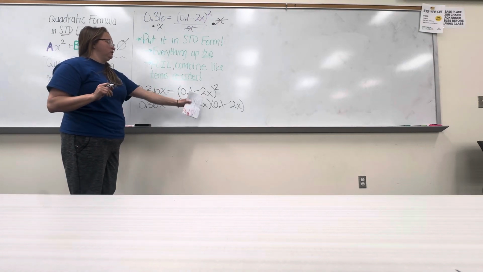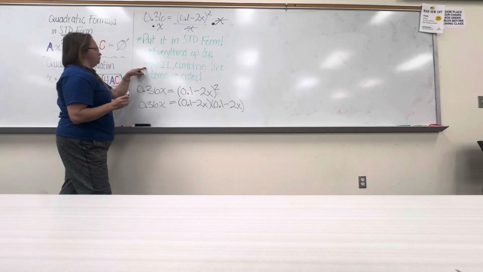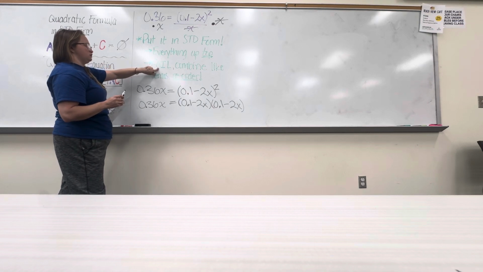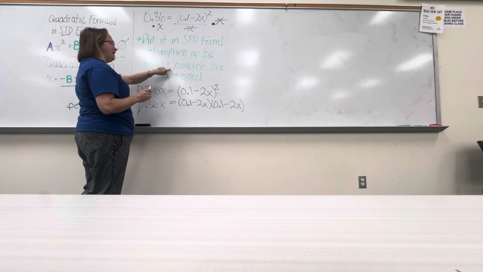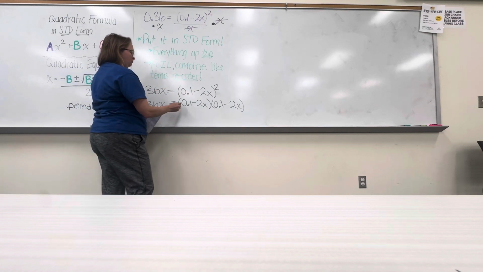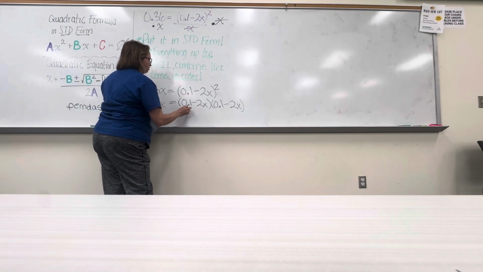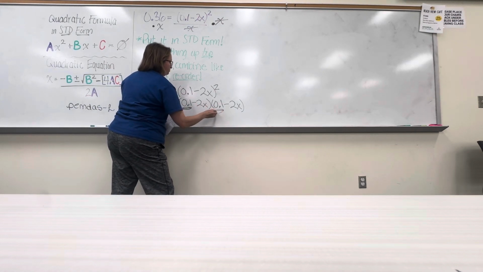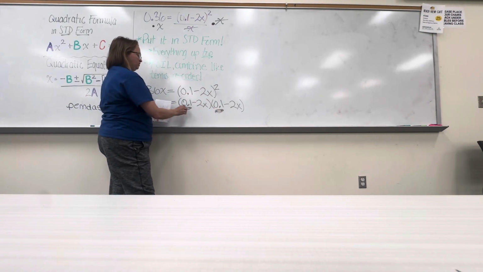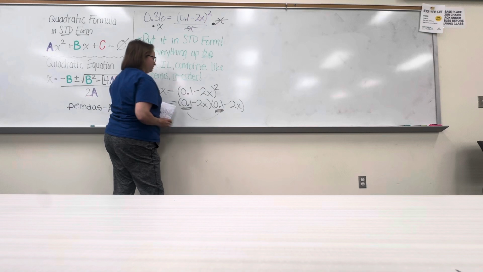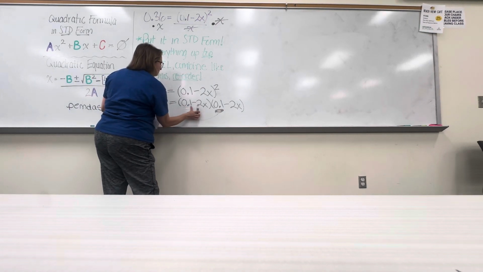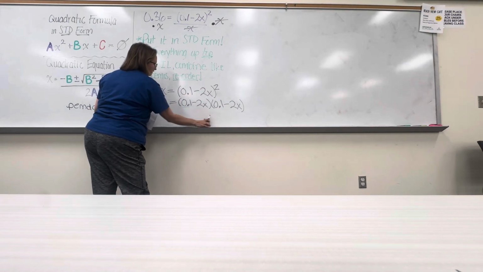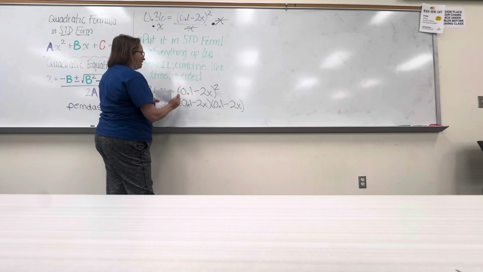Now what are we going to do here? To distribute, there's something called FOIL. FOIL stands for first terms, outside terms, inside terms, and last terms. So your first terms, this is your first term in this pair of brackets, okay? And this is your first term in this pair of brackets. So you're going to multiply those things first, okay? Then you're going to do your outside terms, right?